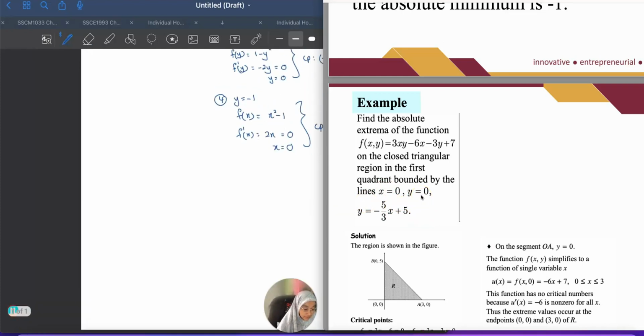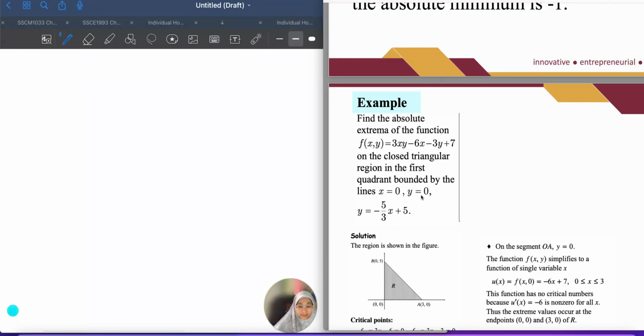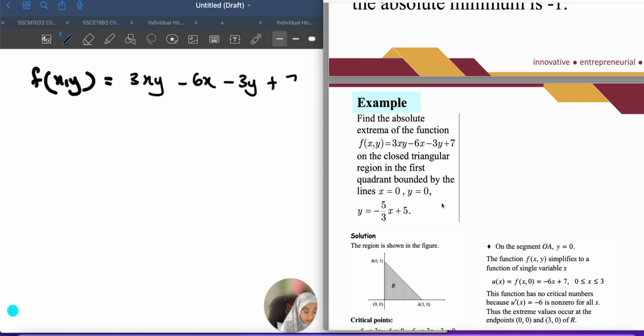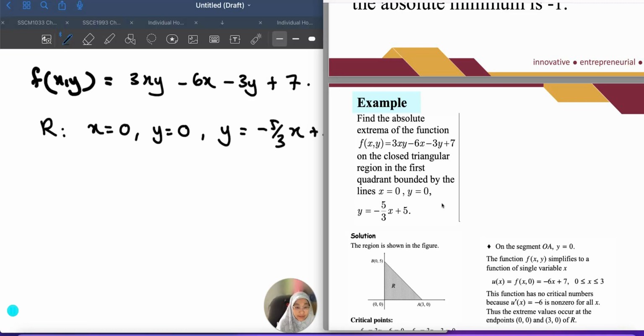So for that one, the function given is f(x, y) equals 3xy minus 6x minus 3y plus 7, and then you have a bounded region where it is bounded by the lines x equal to 0, y equal to 0, and y equal to negative 5 over 3 x plus 5.